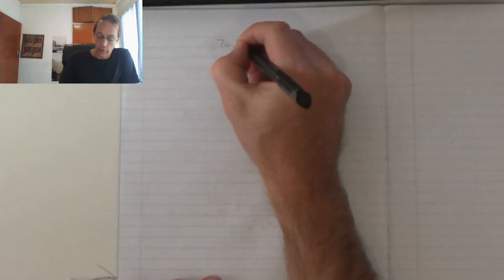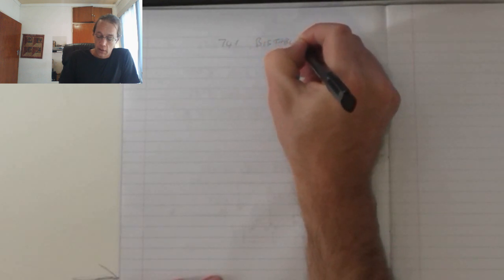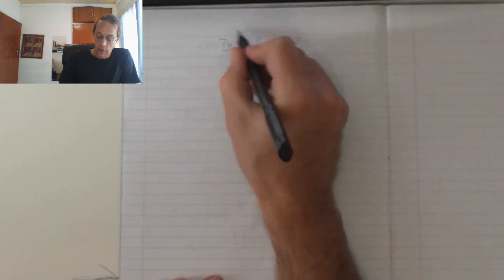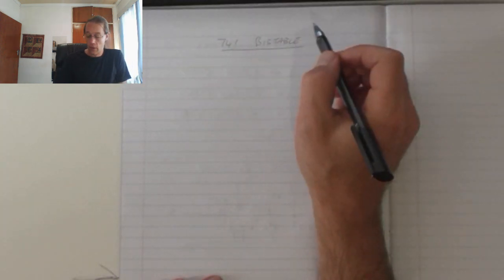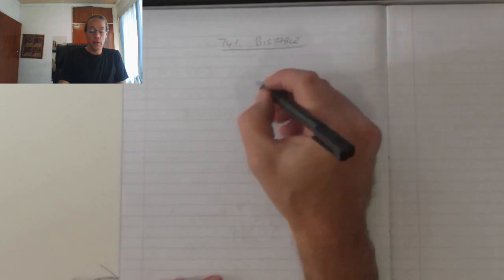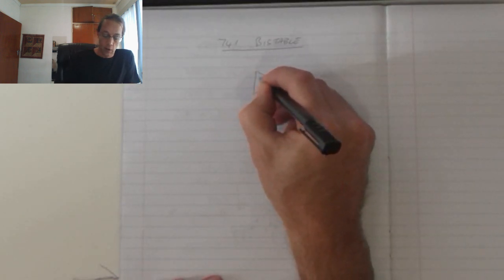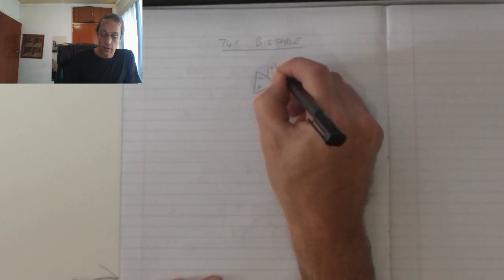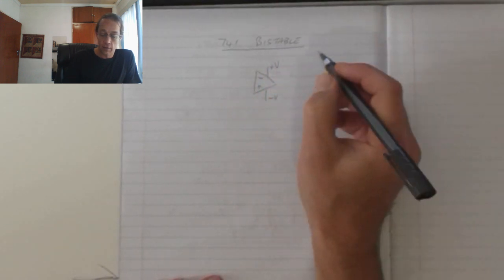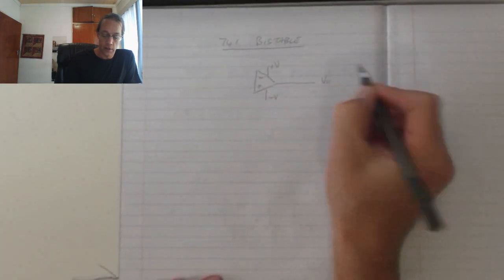For the 741 bistable circuit, we're going to use the 741 IC and we're going to configure it into the bistable configuration. Firstly, we're looking at our 741, the inverting and the non-inverting pins with a positive supply and the negative supply. This connects to my output voltage.